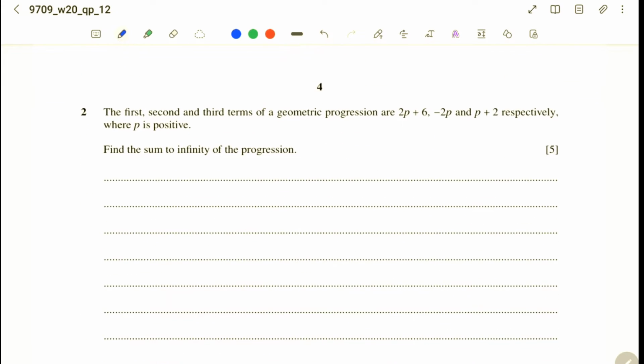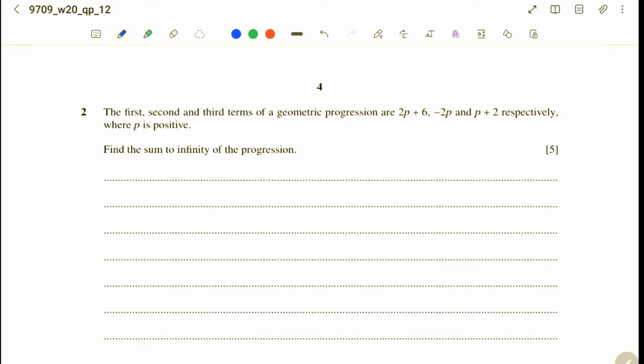The next question is, the first, second and third terms of a geometric progression are 2p + 6, −2p and p + 2 respectively, where p is positive. Find the sum to infinity of the progression. So the first, second and third terms of a geometric progression are given.